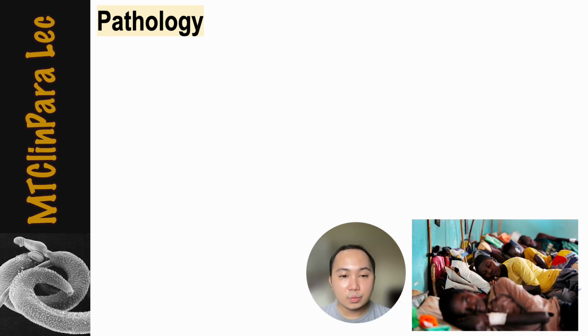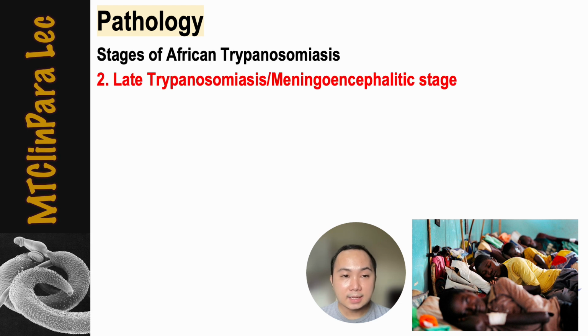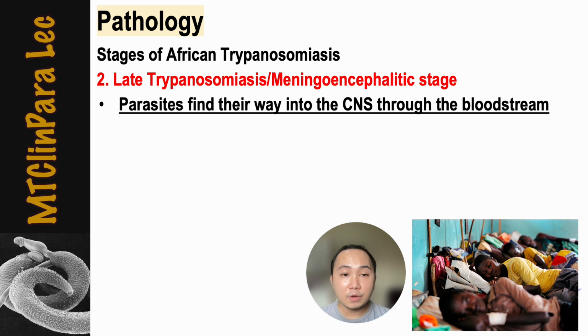The next stage is what we call late trypanosomiasis or the meningoencephalitic stage. This stage marks the involvement of the CNS or central nervous system. The parasite has already invaded the brain and meninges. Usually this occurs at around 3 to 10 months for Gambian infection or Gambiense, and only weeks for Rhodesiense.